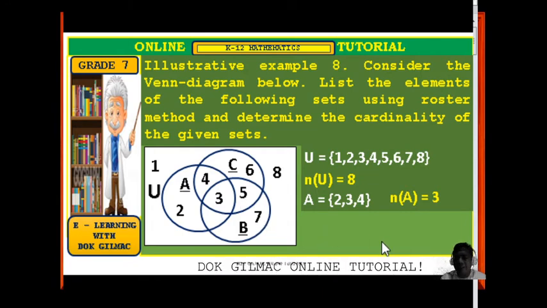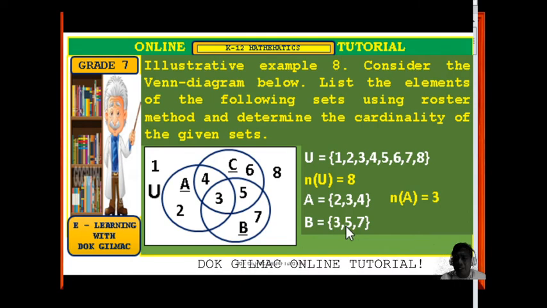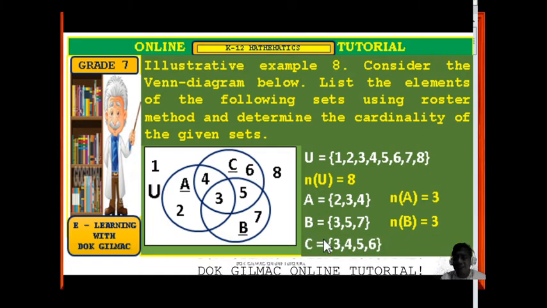So set B is equal to {3, 5, 7}. Again, n of B is equal to 3 since there are only 3 elements for set B. How about C? This is our set C. We have 3, 4, 5, and 6. So set C is equal to {3, 4, 5, 6}. There are 4 elements, so n of C is equal to 4. So take note of that.